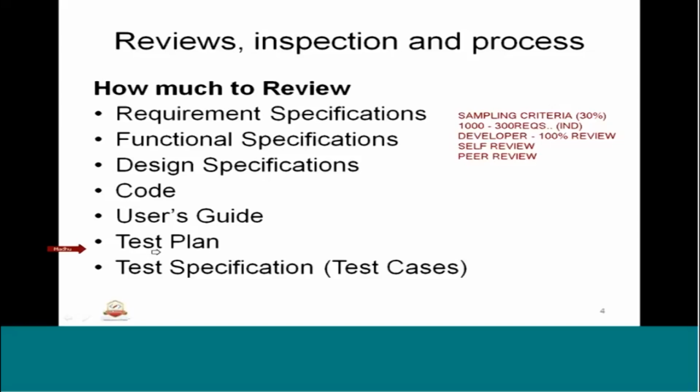in terms of sampling at different levels. Of course, we have a quality team or the quality person who is going to review based on his criteria. It could be 10%, 20%. It again depends on the criticality of the program.